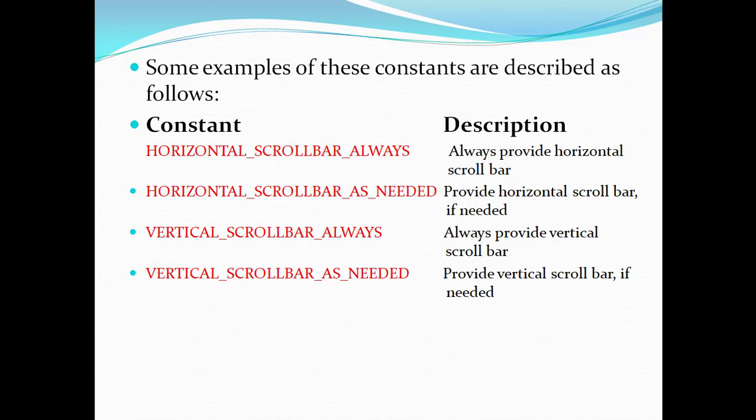These are the four constants provided by the ScrollPaneConstants interface: HORIZONTAL_SCROLLBAR_ALWAYS, HORIZONTAL_SCROLLBAR_AS_NEEDED, VERTICAL_SCROLLBAR_ALWAYS, VERTICAL_SCROLLBAR_AS_NEEDED. All the words are connected with underscores.